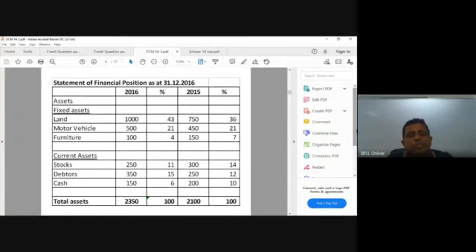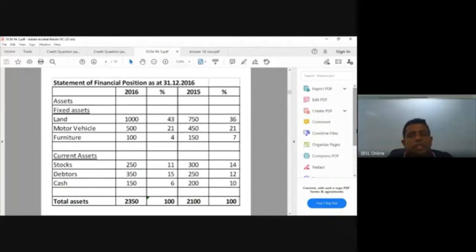Calculate individual figures like land, motor vehicle, furniture, stocks, debtors, cash against that highest figure. How to calculate? In case of land, 1000 divided by 2,350 into 100, that is 43%. In the same way, you can calculate each individual item in this statement.